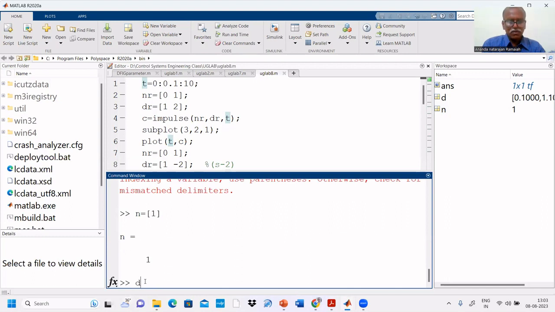The denominator polynomial: the coefficient of s cube is 0.1, the coefficient of s square is 1.1, the coefficient of s is 1, and the constant term is 0.